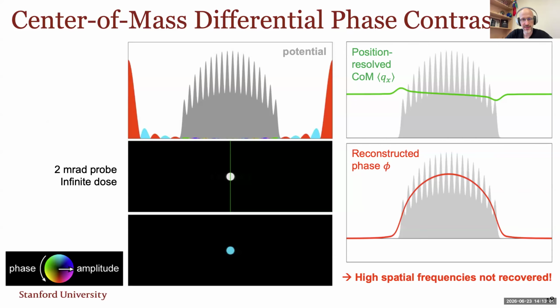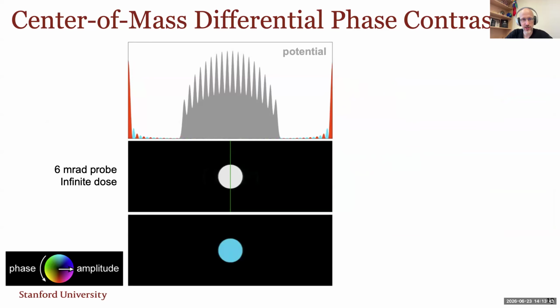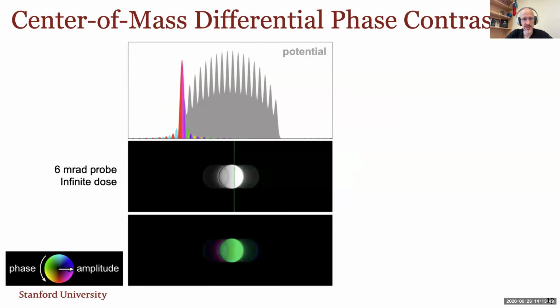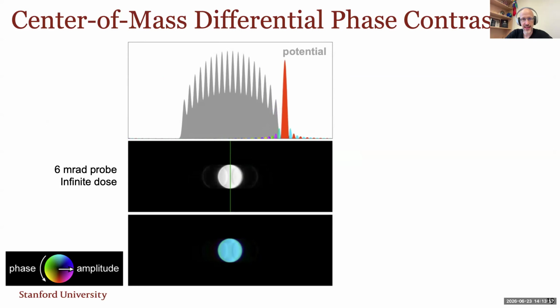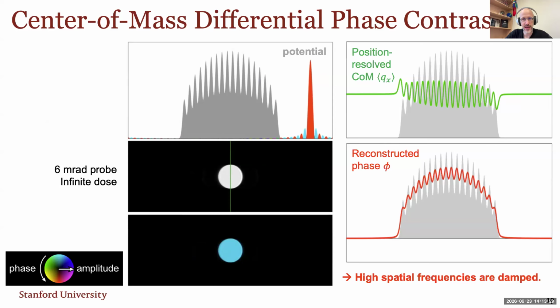So we get atomic spatial resolution by increasing the convergence semi-angle. And now what happens as I scan through the sample, these diffracted beams overlap each other. And so we alternate between constructive and destructive interference as we scan through the atomic planes. And thereby, from that center of mass, we can numerically Fourier integrate it and recover some of the atomic lattice here.